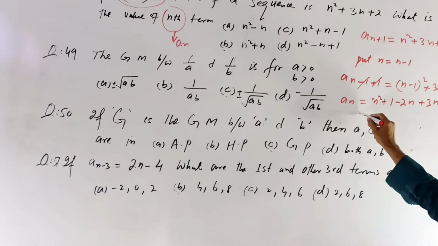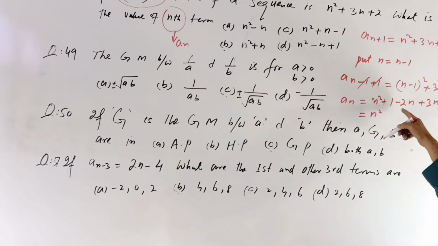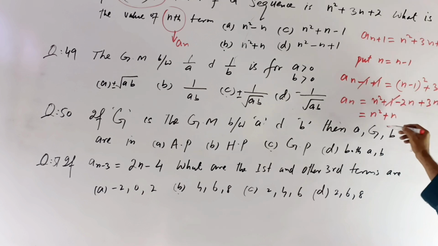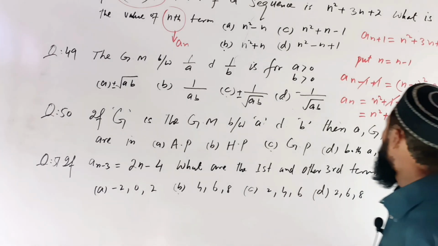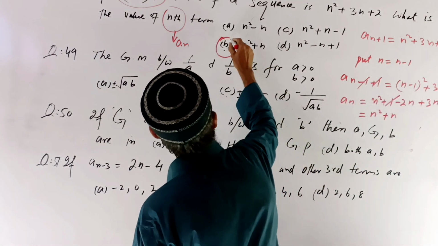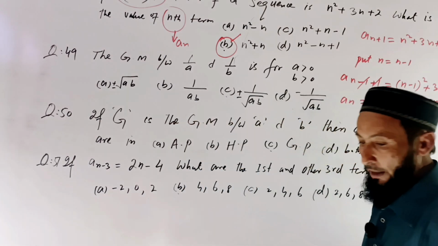If we simplify this result, n square, 3n and minus 2n, we get plus n. The constants plus 1, minus 3 and plus 2 are cancelled to each other. So we will get n square plus n. Here option B is the correct answer.